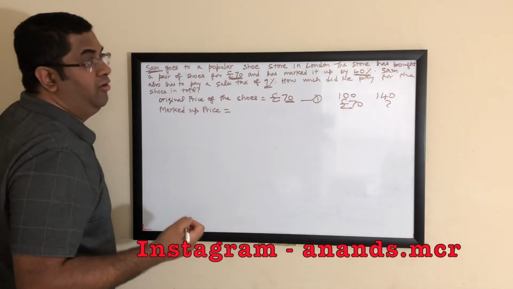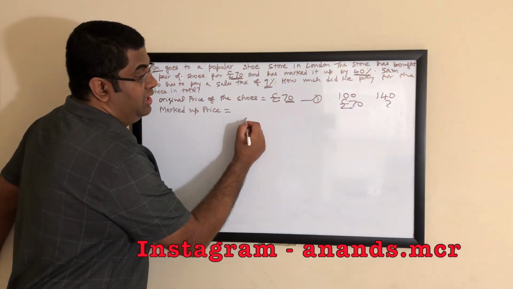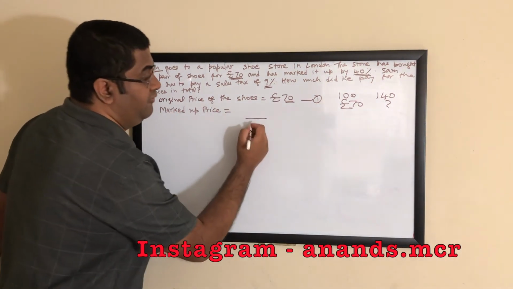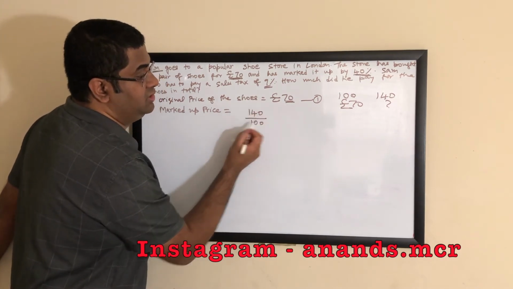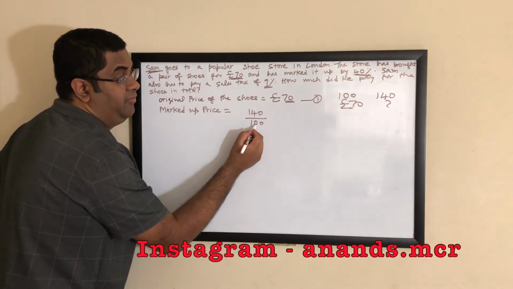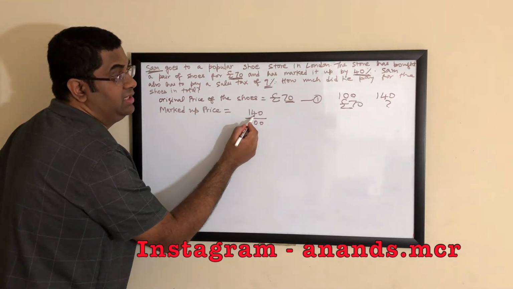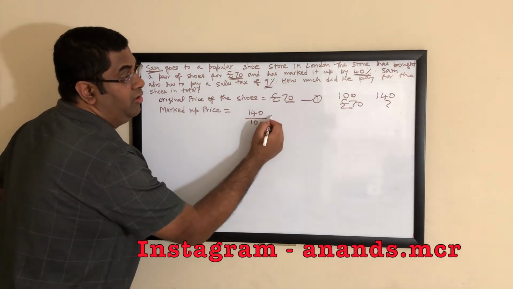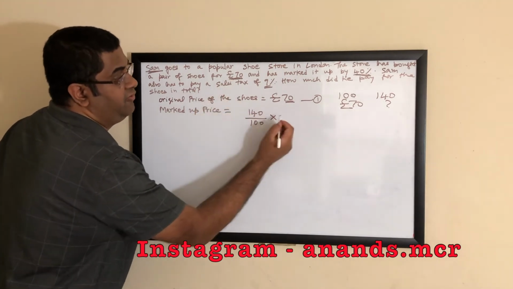Now listen carefully, friends. If the price of the shoes were £100, it would have been sold for £140. This is the logic, friends. That is what the marked up price means. Now we know that the price at which the shoe was bought was £70.